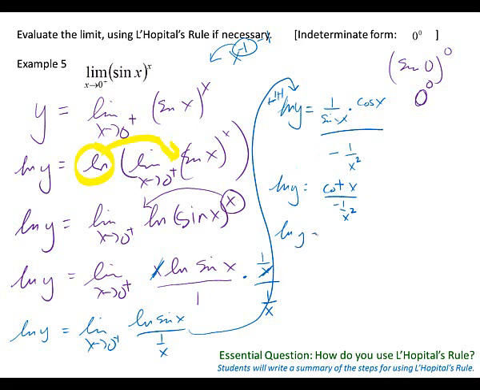Cotangent is the same as 1 over tangent, right? Alright, and then this thing here, if I was to get it out of the denominator, couldn't I flip and multiply? So if I looked at cleaning that up, I don't have to write this line, but now I've got negative x squared over the tangent of x.